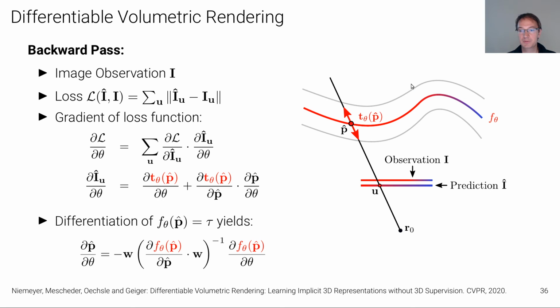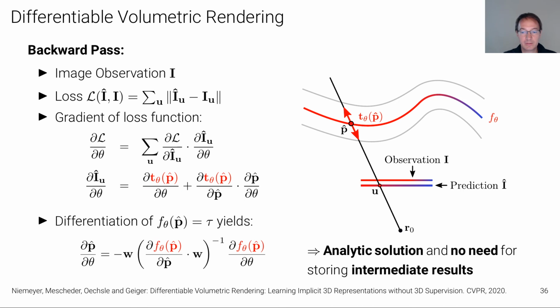So both the texture changes and the occupancy field changes. This is nice. We have found an analytic solution, and importantly, in comparison to differentiable rendering algorithms for voxel-based representation, which require ray marching along the voxels, we do not need to store intermediate results along these voxels. So the method is also quite memory efficient.